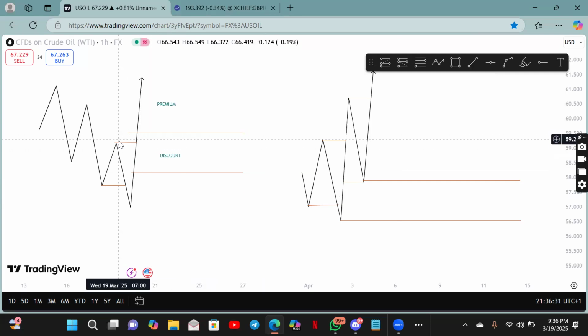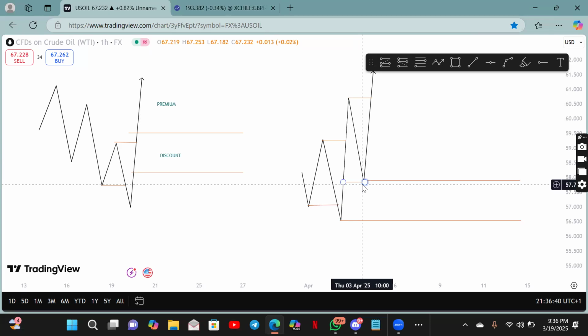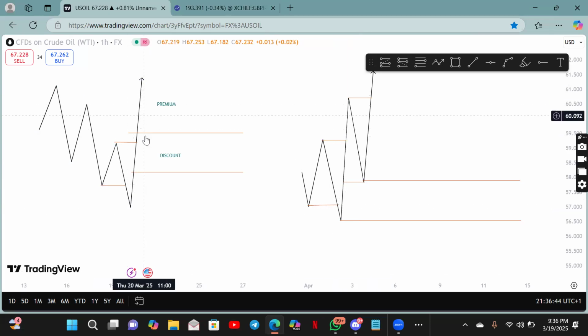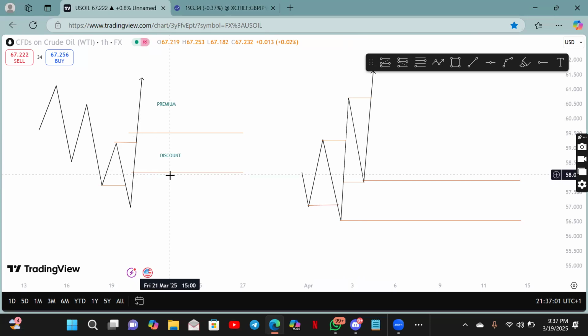If you do your fib from here to here again, inside the 50% is where your structural liquidity or your inducement should be. Once it breaks structure is where traditional liquidity comes in. Then once you have your structural liquidity or your inducement, please try and get this: your inducement must be inside the 50% or be at least 50% itself.